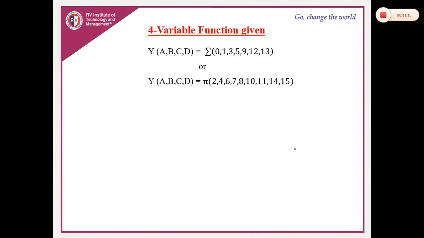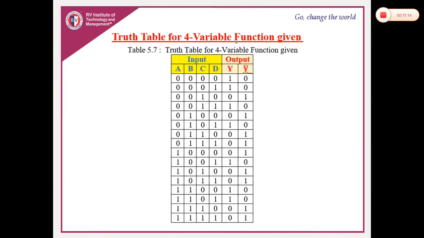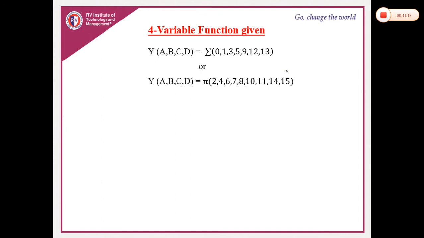Okay, then we will go for the 4 variable function. That is the next part. In the exam they may give any 4 variable function. Here I am taking some 4 variable function like this: Y as a function of a, b, c, d, which are the 4 variables.